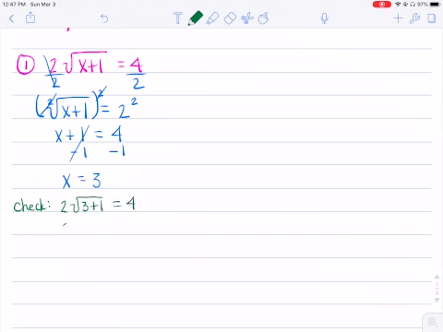And we just continue simplifying this until we get one side equal or not equal to the other side. So 2 square root of 4 equal to 4, or 2 times 2 is equal to 4. And yes, this is a true statement. 4 is equal to 4, so we can check that and then box our answer.